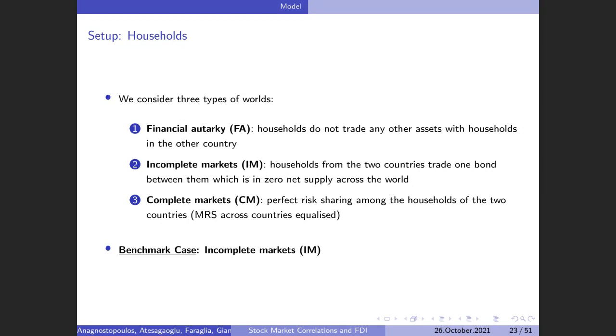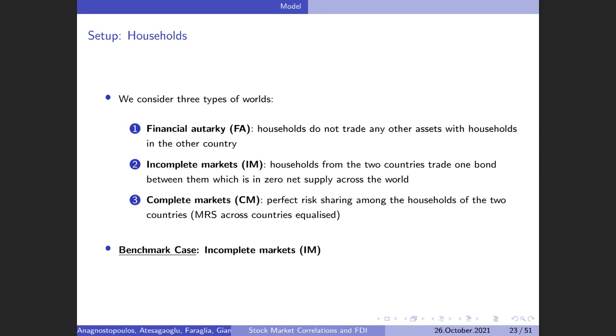We are going to assume three types of financial market structure for this international borrowing and lending. One we will call financial autarky, where households do not trade any other assets with the households of the other economy. You don't trade with the rest of the world in terms of bonds or liquid investments. Then we have a complete market setting, where there's perfect risk sharing among the households of two economies, so marginal rates of substitution across economies are equalized.